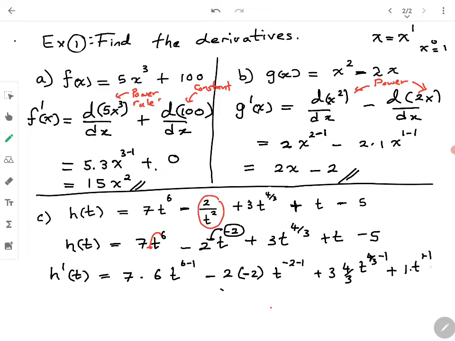And the derivative of 5 is 0. Now just simplify this. So 42 t to the 5th, negative negative becomes positive. So 4 times t to the negative 3. The 3's cancel here. So 4 times t to the 1/3. And this becomes 1 minus 1, t to the 0. So 1. So plus 1.